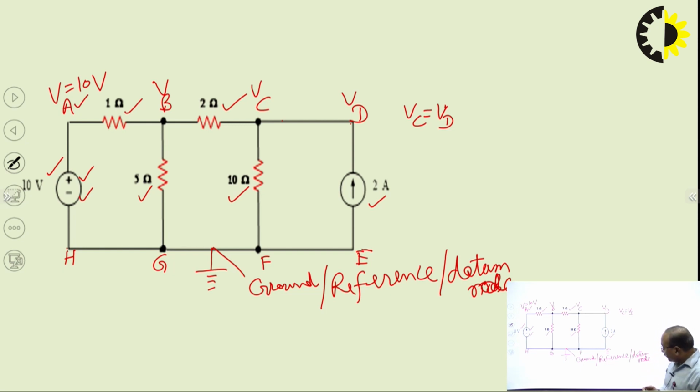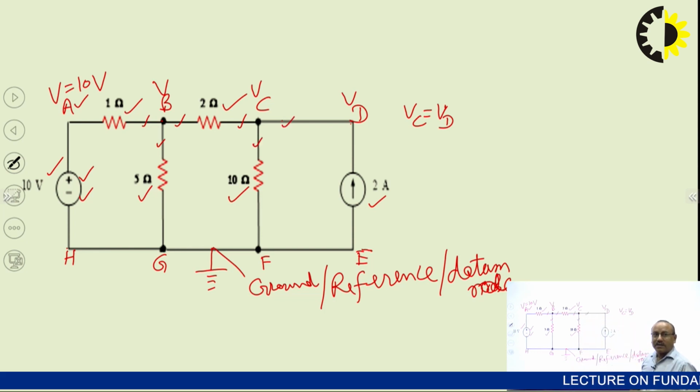Like here at this node B, there are 3 branches: one is this branch, another is this branch, and the third is this branch. These 3 branches are meeting together at junction point B, or node. Similarly, at node C, there are 3 branches, 1, 2 and 3. These 3 branches are joining at point C, or node C, or junction point, whatever we call it.